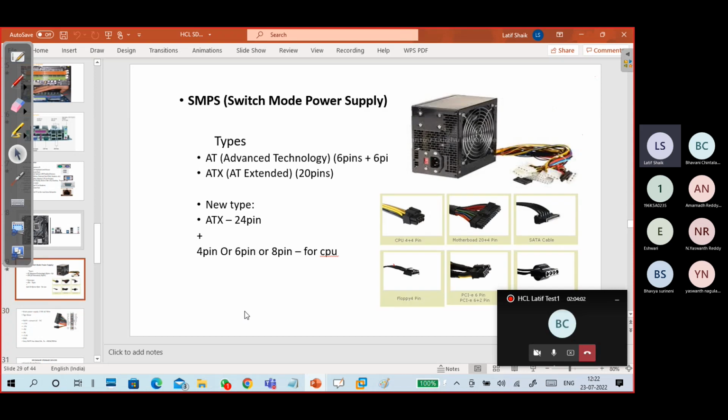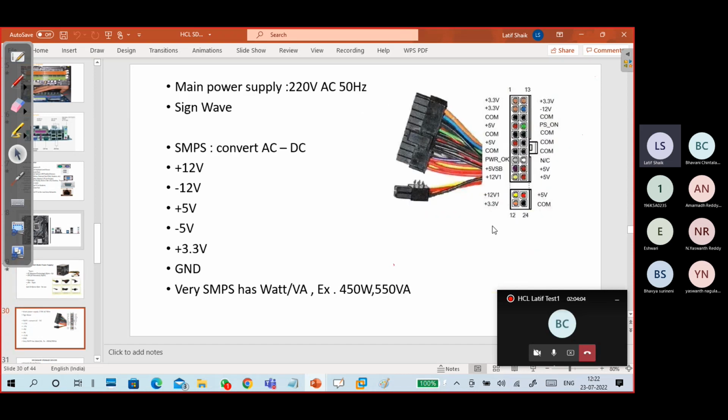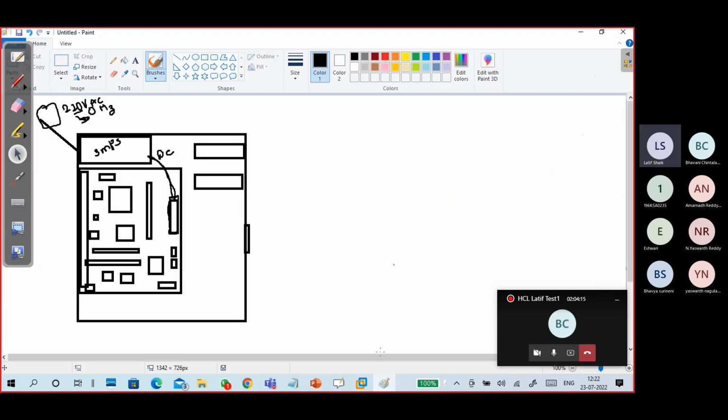Okay. So this is the SMPS 24-pin connector configuration. If you see there is a green wire, it is PS on. When you go to the front panel connection, one is for power on, another is for reset.